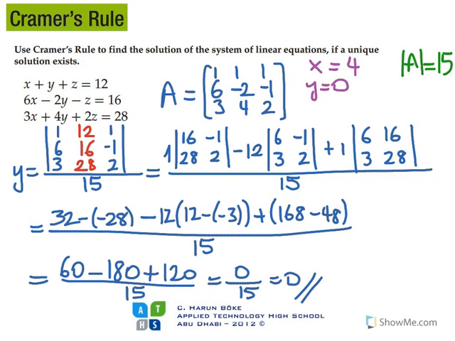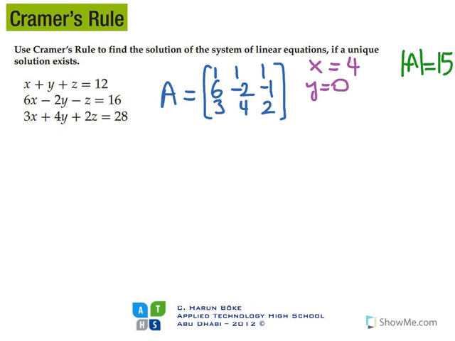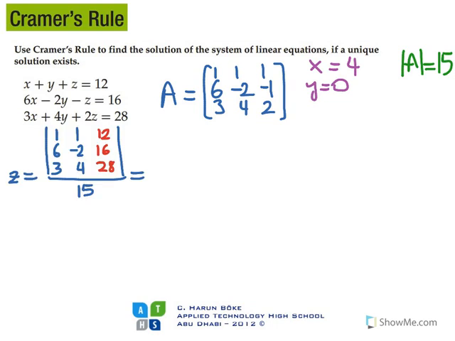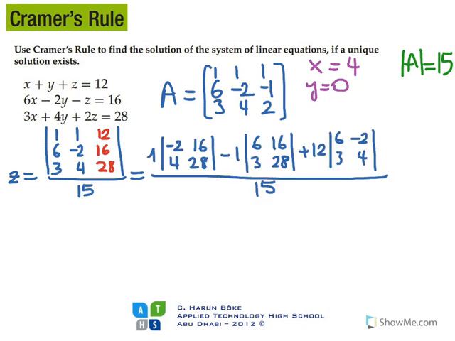And now we will calculate z. So the calculation for z will be as follows: the determinant which we change the third column with the results divided by the determinant of A, which is 15. And if we write the calculations, we will have this calculation divided by 15.